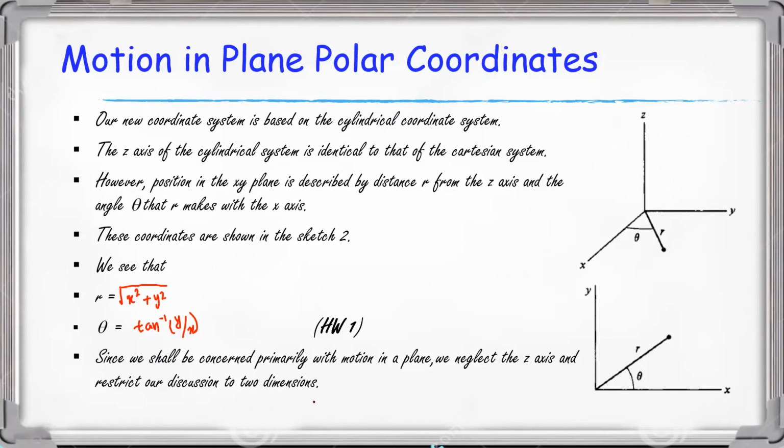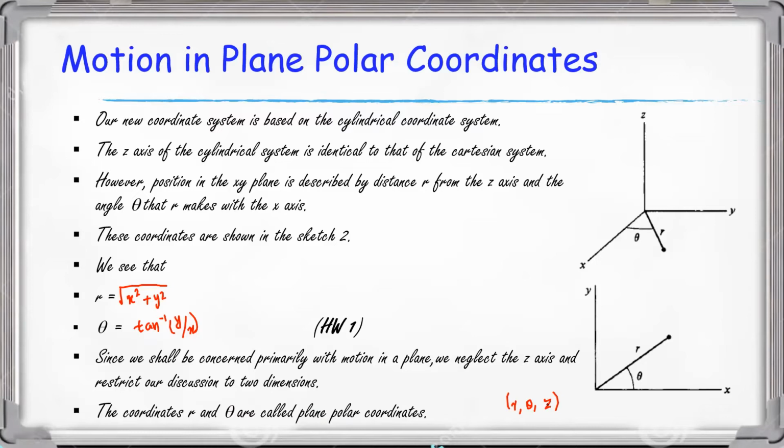Okay, the coordinates r and theta are called polar coordinates. Here the coordinates r and theta are called plane polar coordinates. If the coordinates are r, theta and z, it is cylindrical polar coordinates.